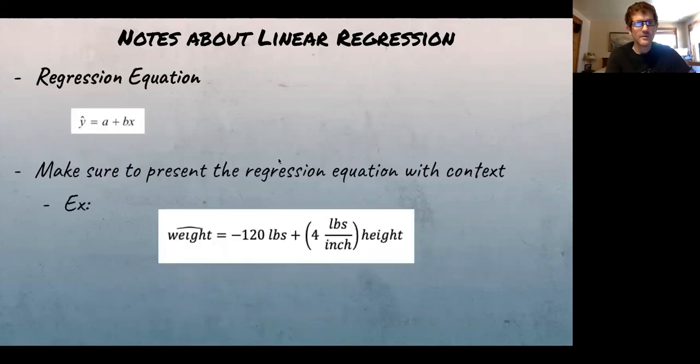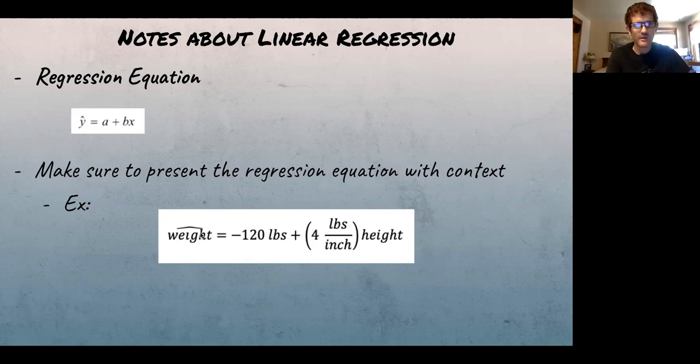So the other thing we talked about is here's your generic regression equation, but a lot of times for FRQs, that's not going to be good enough. You might get a lot of the points for the FRQ, but to get full points, they're going to want you to put this into context. So now we could switch it out with this.